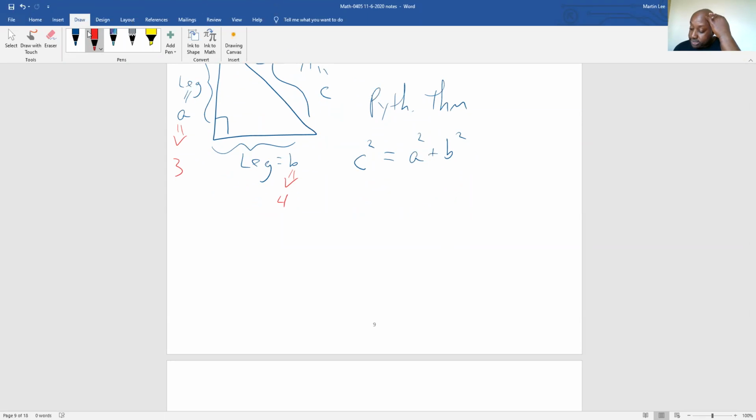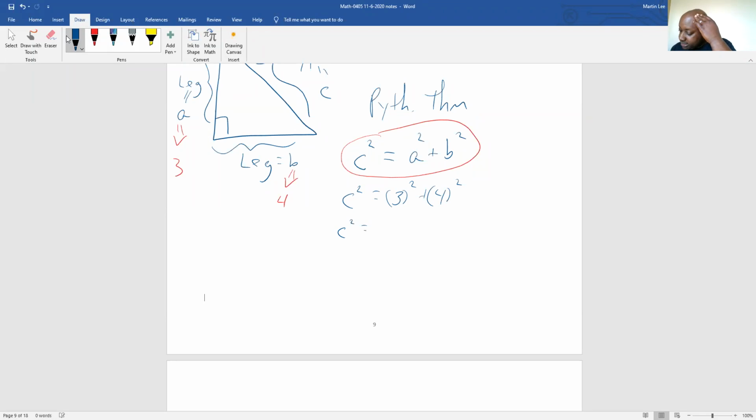I'm going to substitute 3 and 4 into my formula and solve for C. So C squared is equal to 3 squared plus 4 squared.